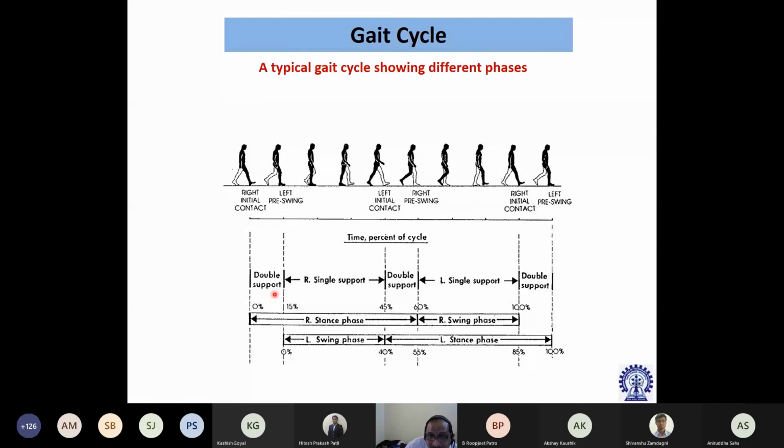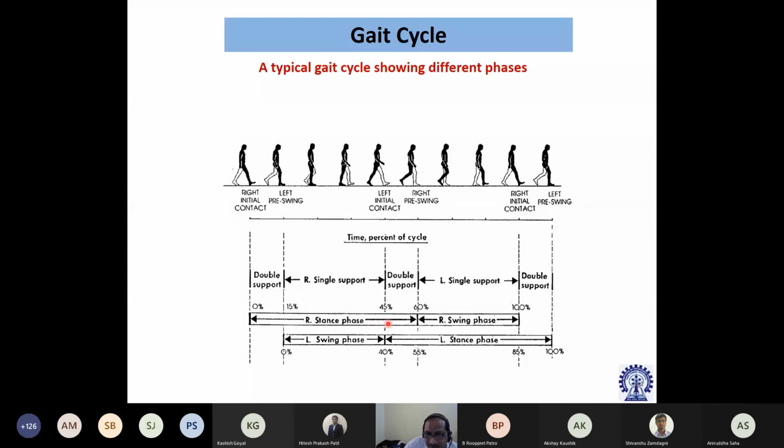But within the stance phase, you have several phases like double support, right single support, and a double support again. Okay. So when you are comparing, you should compare stance phase with stance phase. Okay. So the right single support phase is 30% of the total stance phase of the right.